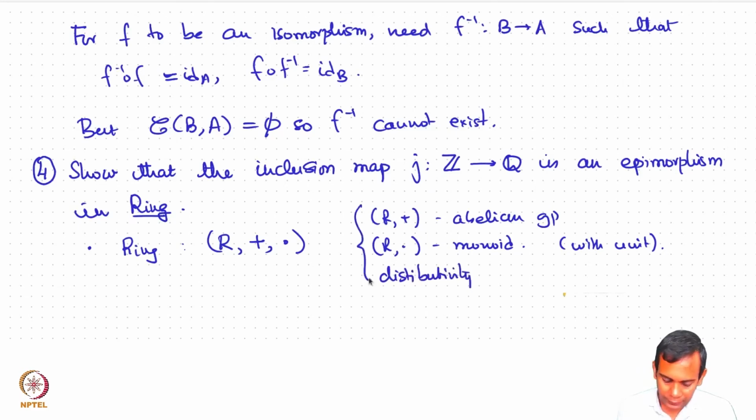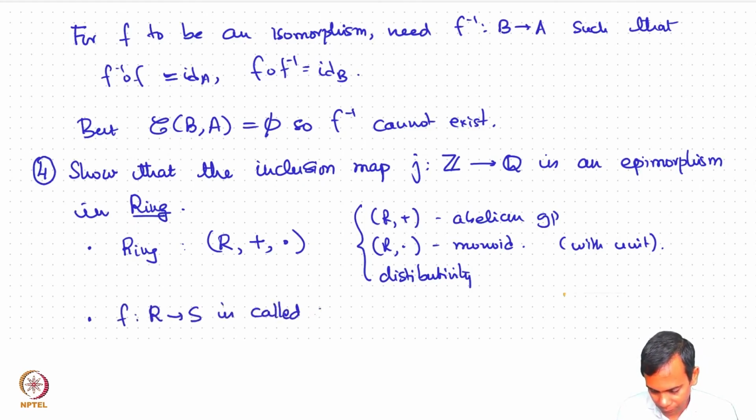This is a ring, and so the objects in the category Ring are rings, and morphisms are ring homomorphisms. So a ring homomorphism F is a group homomorphism from R plus to S plus and a monoid homomorphism from R dot to S dot.